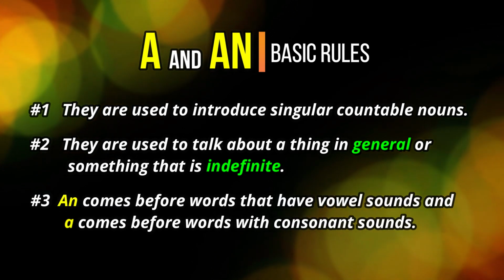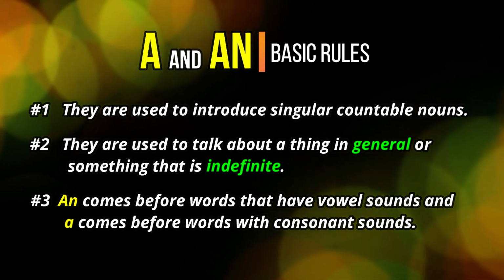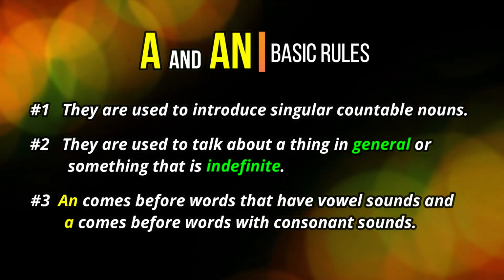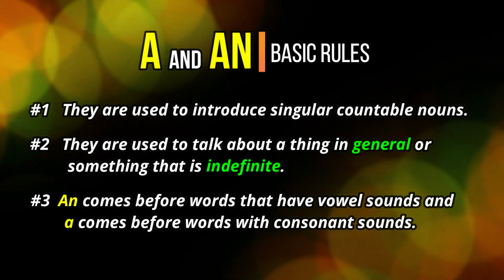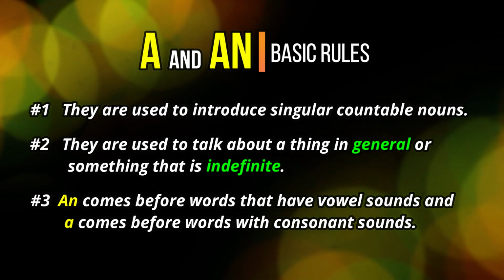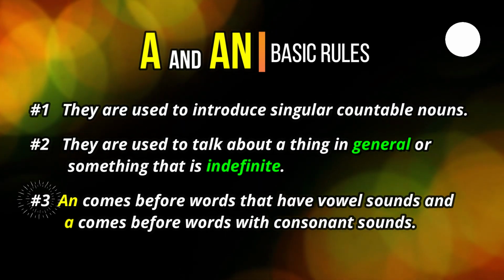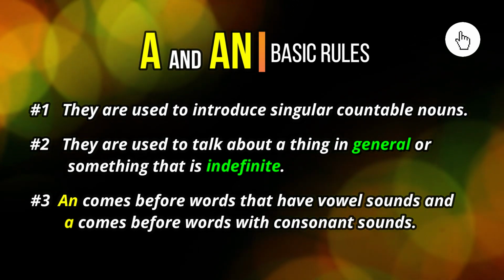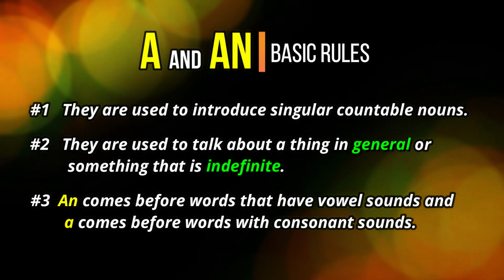And number 3, we use an before words that have vowel sounds, and we use a before words with consonant sounds. This last one is very important, so I actually did the whole video of my part 1, articles part 1, just on this number 3. So if you're a little bit unsure, take a look at that again.